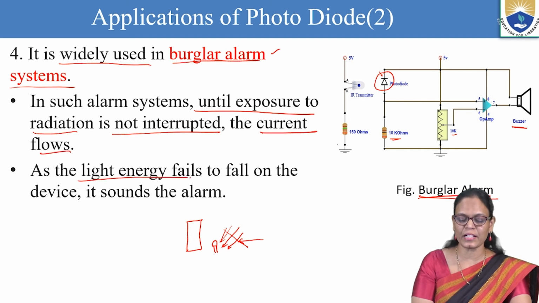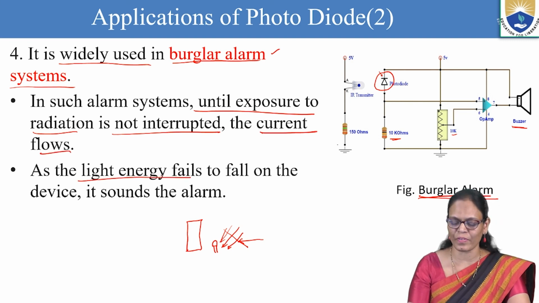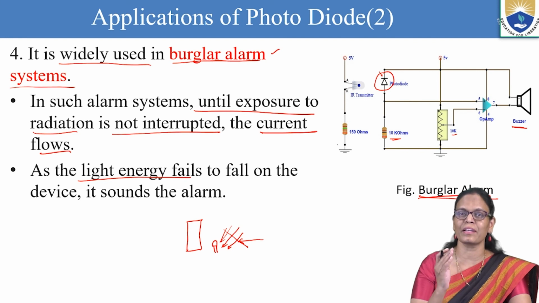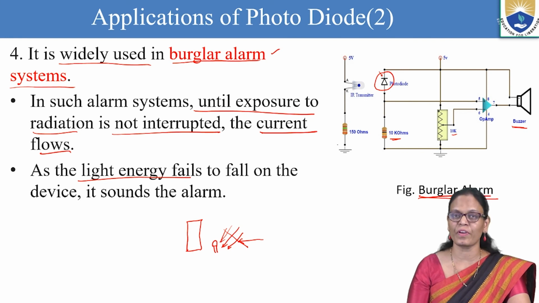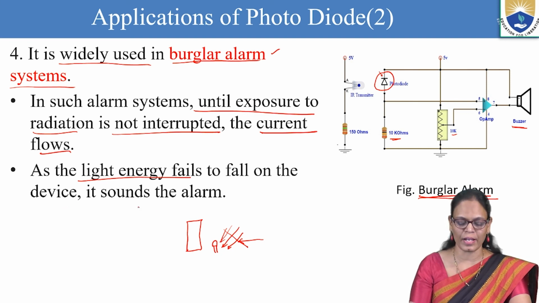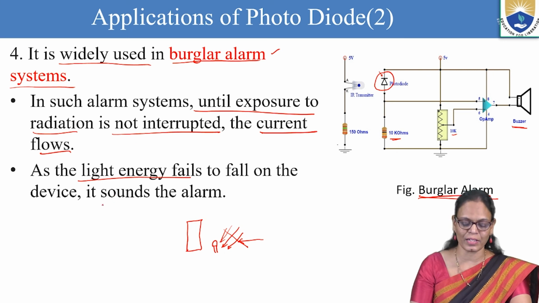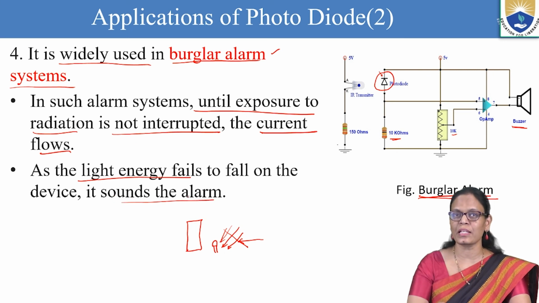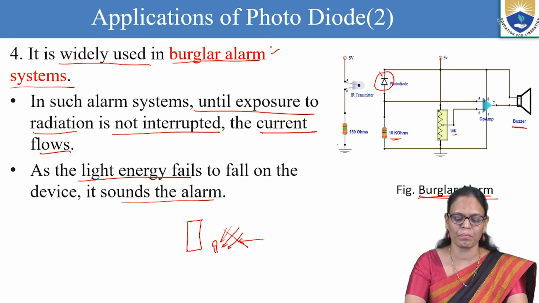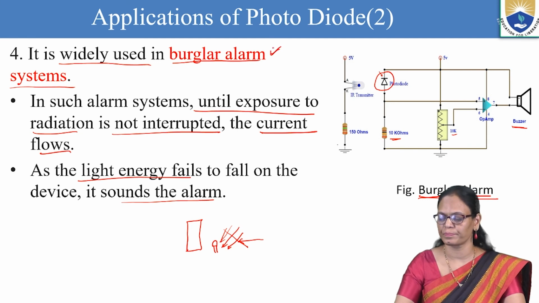And when will the light energy fail? When somebody comes inside and interrupts, the light will not fall onto the device, because of which the current is cut. And when there is no current, it sounds the alarm. That is how it is widely used in burglar alarms.